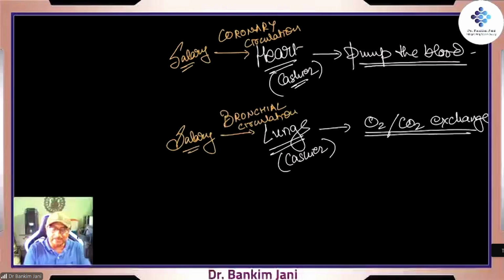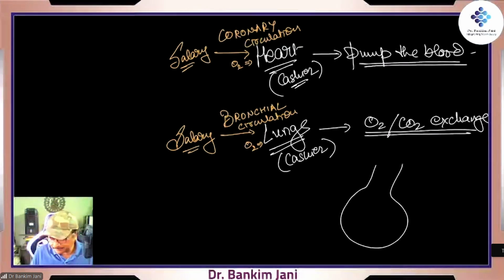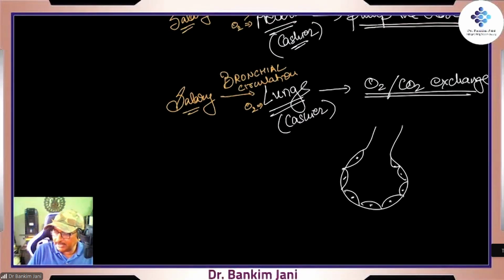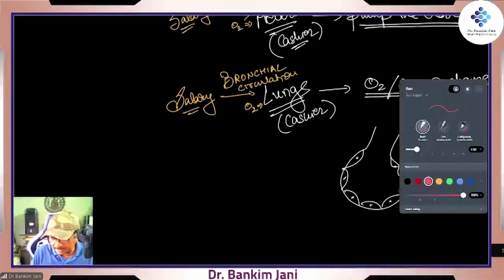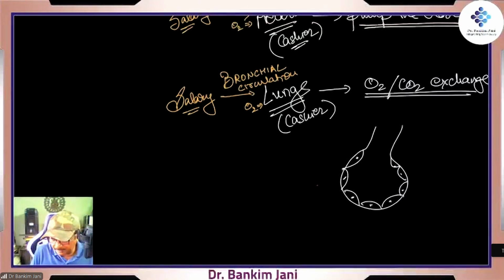So what they will be doing is giving oxygen to the lungs, and giving oxygen to the heart. Oxygen to the heart, okay, it's a good logic. Oxygen to the lungs, yes, because that's the alveoli, and these are the endothelium. Right? And since the beginning we are saying that there will be capillaries on the way. These will be the capillaries, coming out from the aorta and then dividing into capillaries.